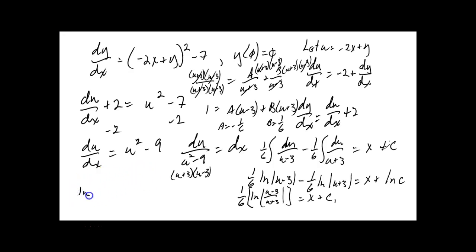And that gives them log of absolute value u minus 3 over u plus 3 is equal to 6x, and here is where their sleight of hand comes. We'll leave the plus C1 for right now, okay? And then they're going to take the e of both sides, okay? So the e of log is just going to leave us u minus 3 over u plus 3.